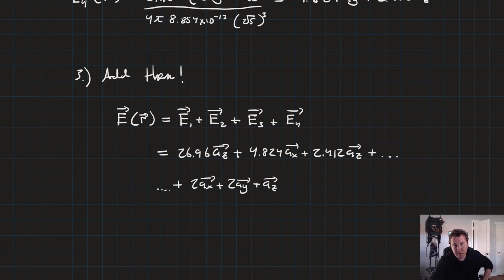So that was our E sub 3. And then plus E sub 4, which was 4.824 ay plus 2.412 a sub z.